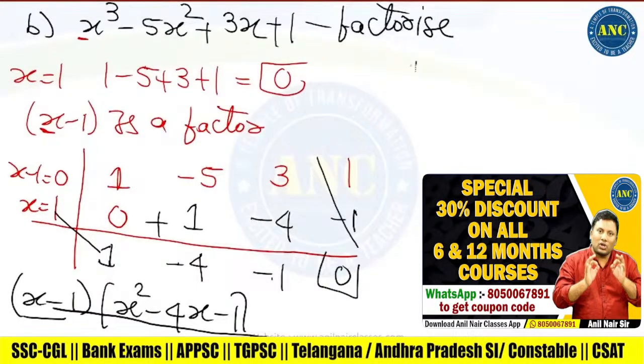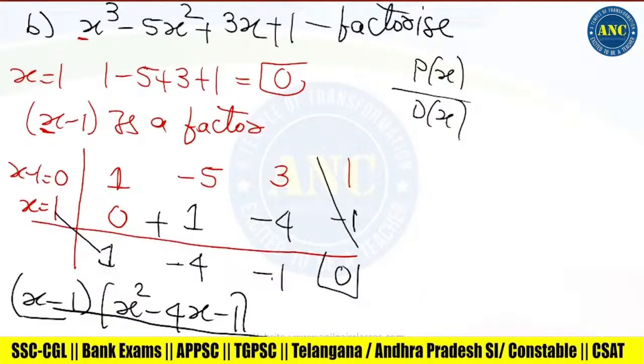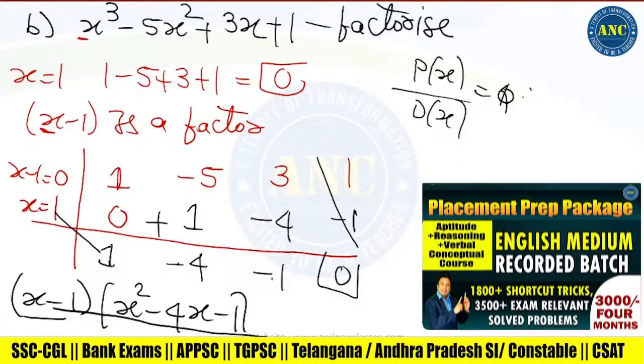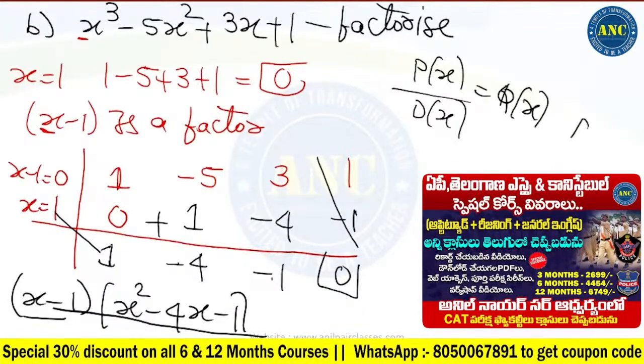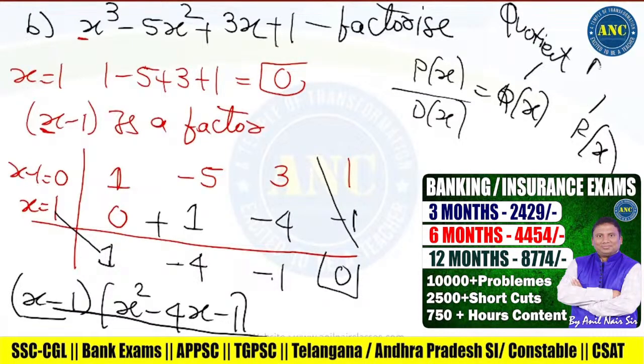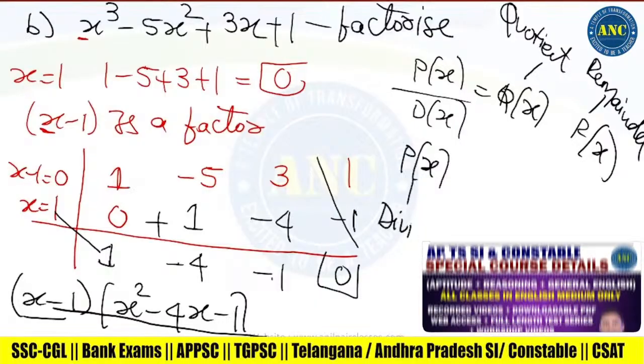See here, if a polynomial function is divided by a divisor, you will get Q of x, which is the quotient, and R of x, which is the remainder. Dividend is the number which is getting divided.